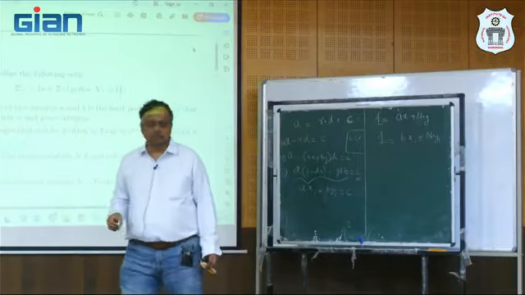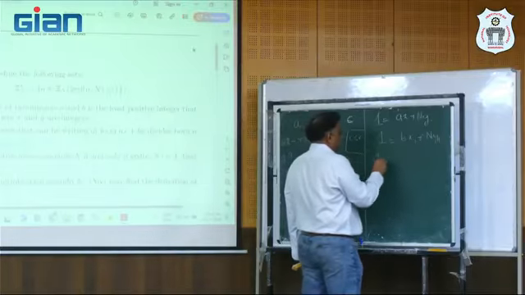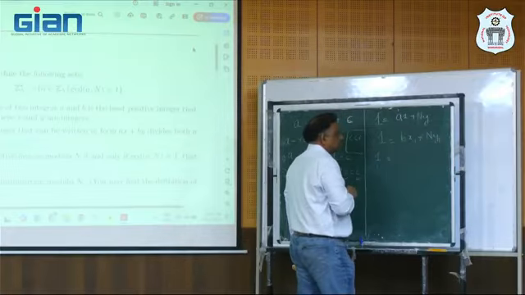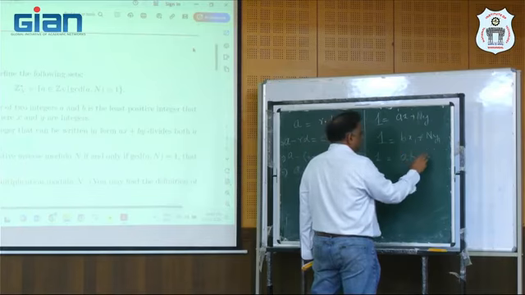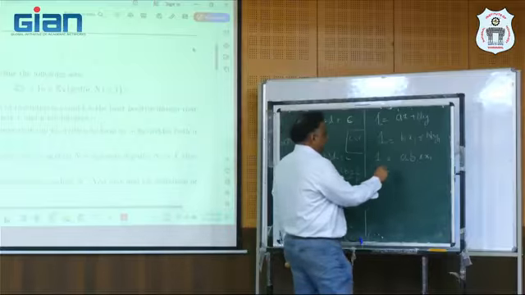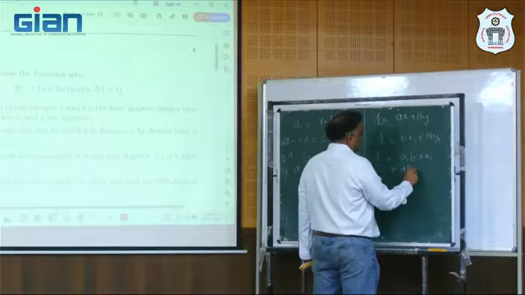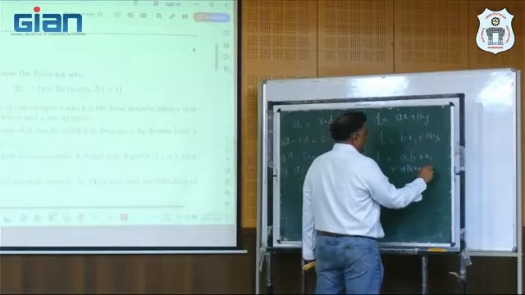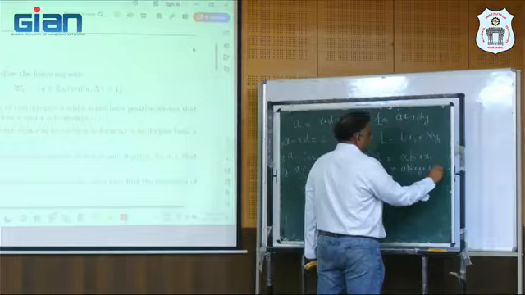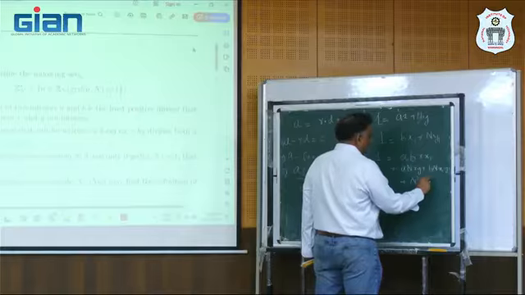Correct? Okay. Now let us multiply. What do we get? A times B times x x1, plus A n x y1, plus B n x1 y, plus n square y y1.